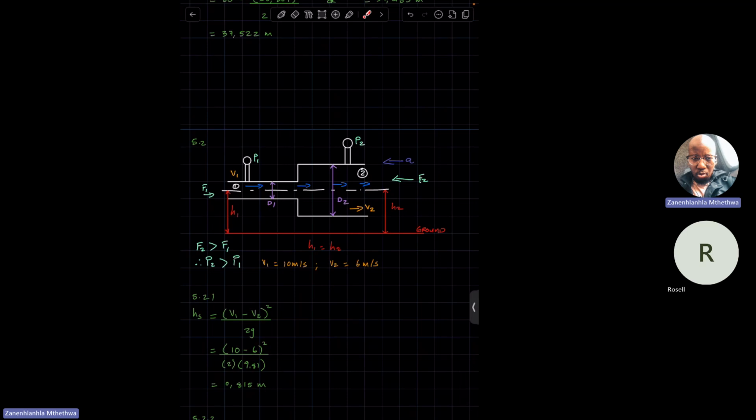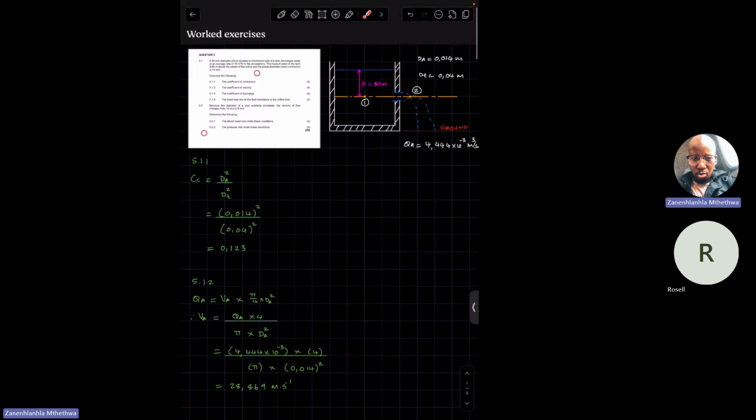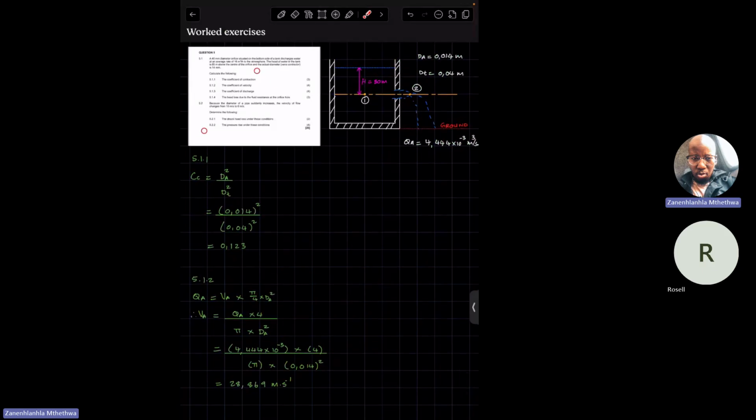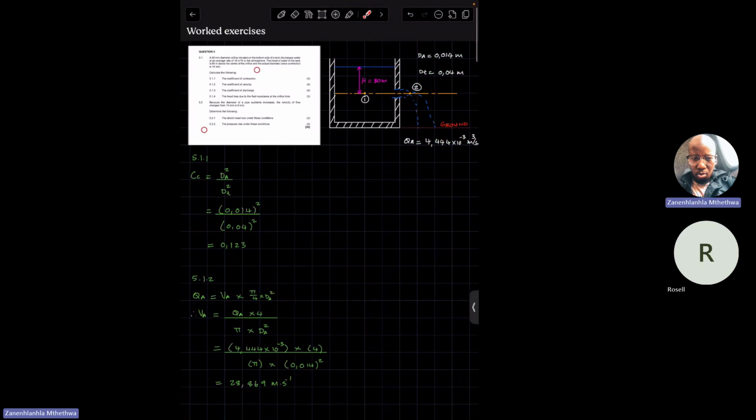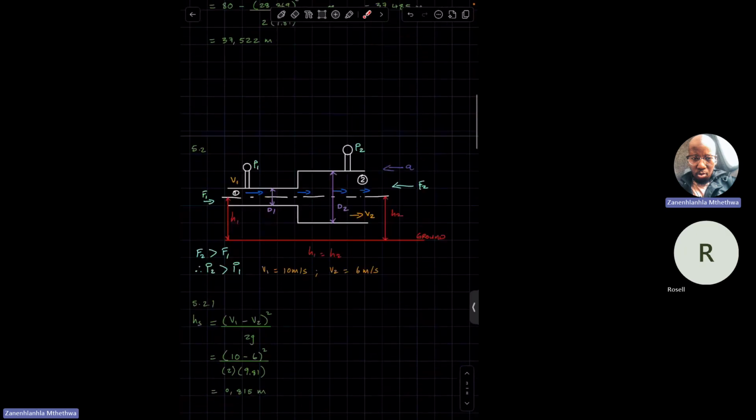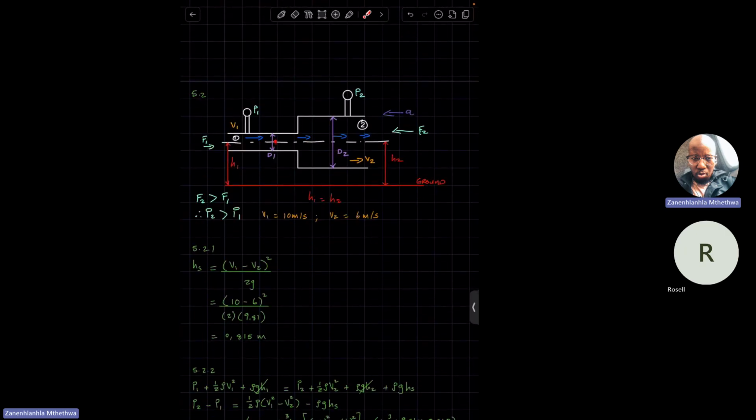They didn't tell us the diameter; they just said the diameter of the pipe suddenly increases. So the first part of the pipe is much smaller than the second part of the pipe. And then we are told that the flow velocity is 10 meters per second here, and then it is 6 meters per second at this point.